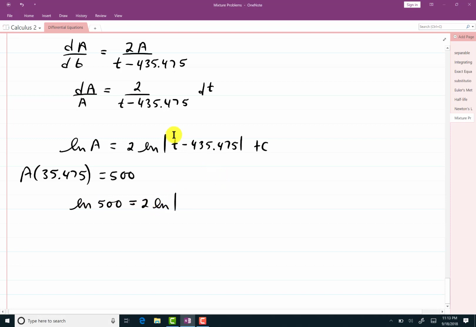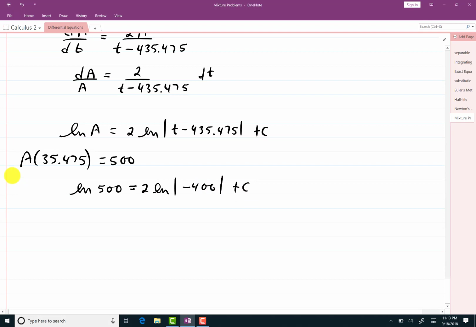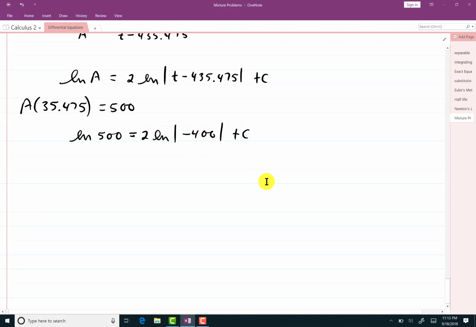If I replace T with 35.475, I'll get negative 400 plus a constant. And of course, I'll squash that thing. I'll have ln of 500 equals ln of 400 squared plus a constant.